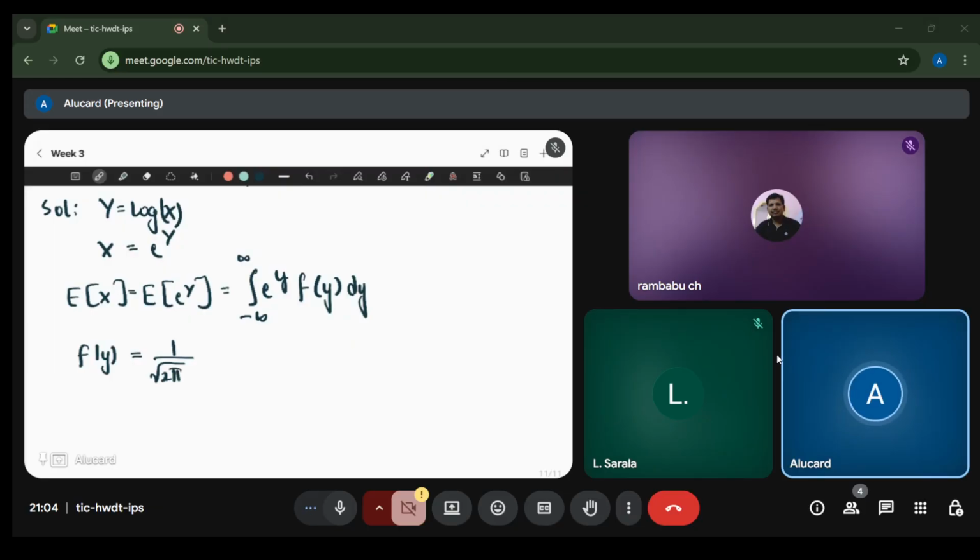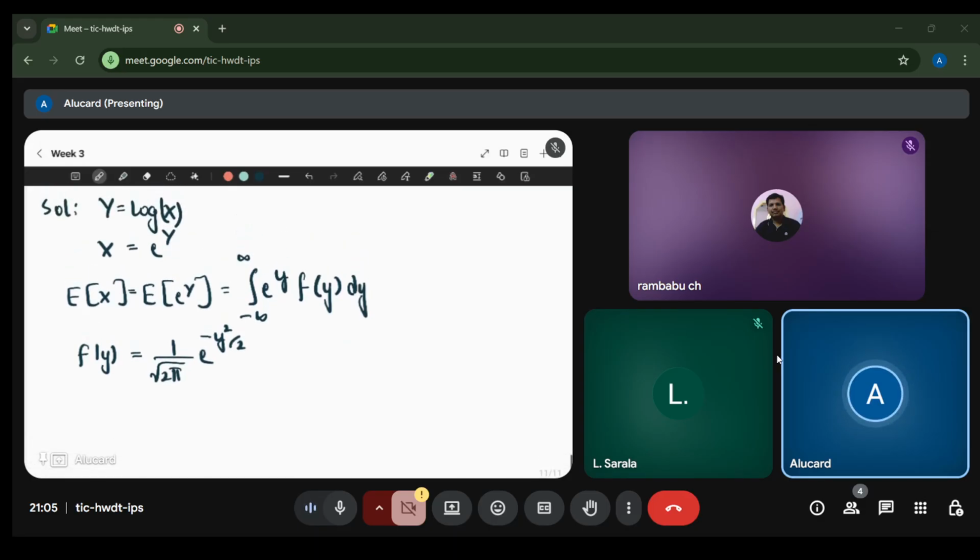Sigma is 1 here, into e power minus of y minus mu squared over 2. Mu is the mean, which is 0 here. So e power minus y square over 2. This is the density of y. So put in y in the integral, and then you have to solve the integral.